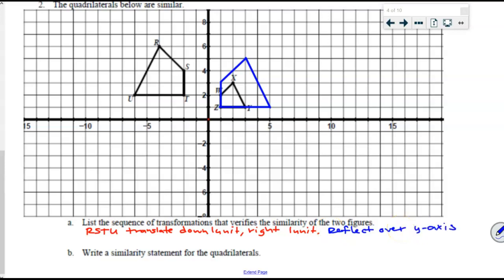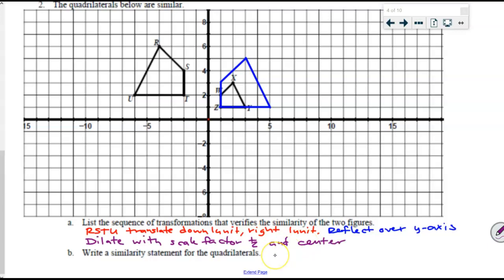And then we perform a dilation with scale factor 1/2. And center, what is the center?